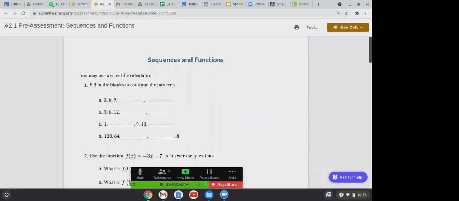Same thought process, ladies. Instead of them giving you the beginning, they gave you the middle. The 1 and the 9 is messing with me. But check it out though. It's a number between 1 and 9. So do 9, 13, and then work backwards.